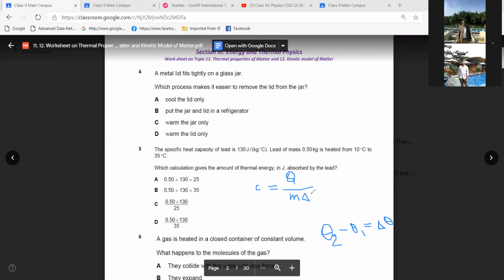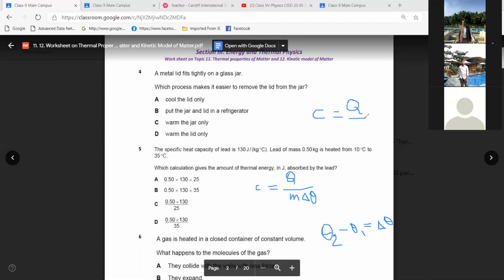And your heat capacity should be what? Without m. Yes, sir. Without m, it is capital C equals. Adnan Rahim, you should also write it. This one is heat capacity. Yes, sir. I have my copy. You should write it. It is heat capacity.